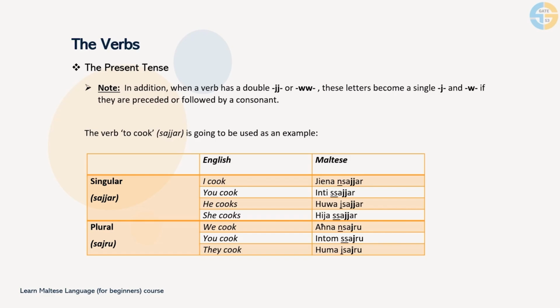But the same rule of the double consonant applies because the S is one of the letters I told you in the slide before, where we had the example dur. This time we have sajjar, and it starts with S, so we have a double S in the beginning.